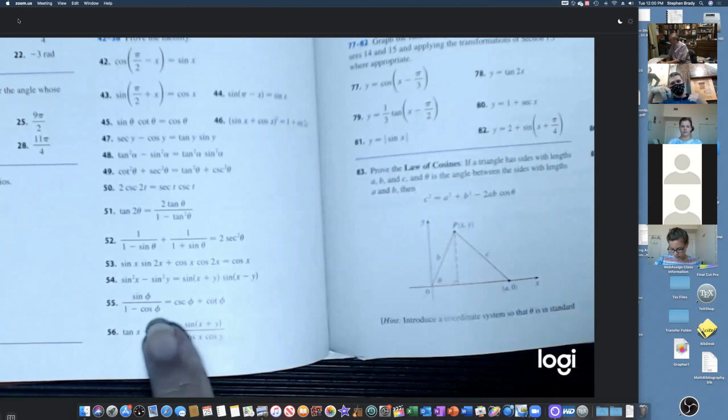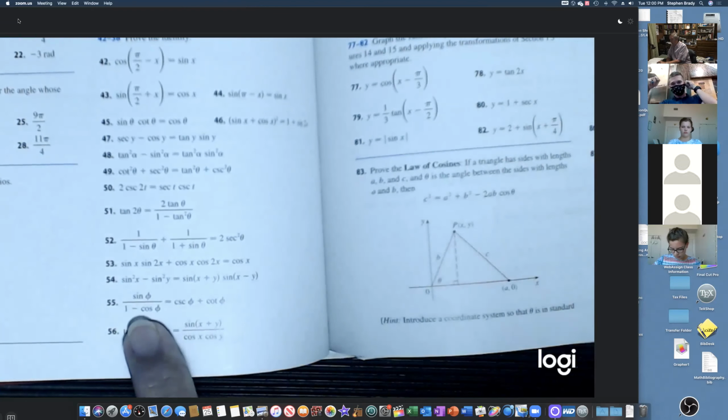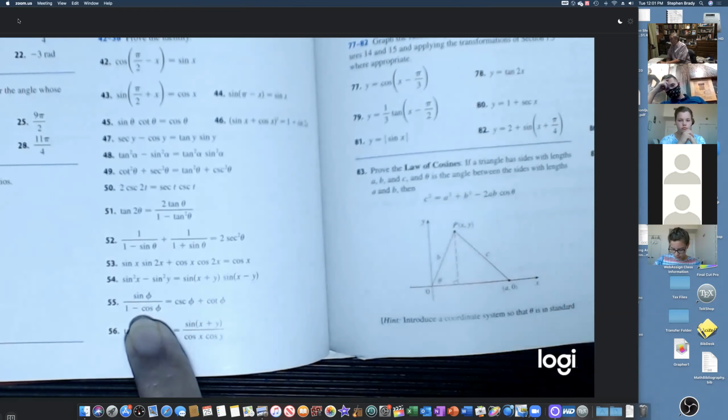Okay, the trick here is to multiply, like rationalizing the denominator we talked about a few minutes ago. Multiply numerator and denominator by 1 plus the square root of 2. If I multiply the numerator by 1 plus the square root of 2, then I'll end up with sine times 1 plus square root of 2. Okay.